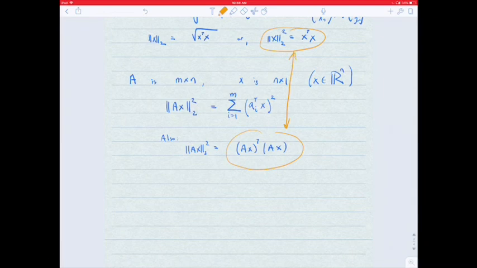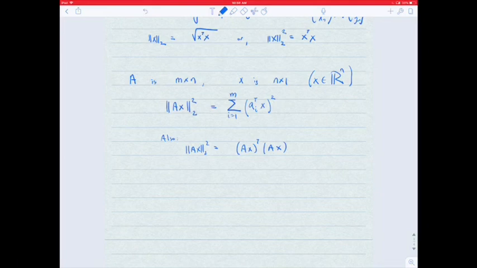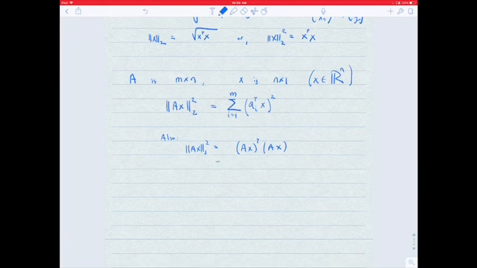I'm going to delete these lines so the page doesn't get too cluttered. Now what is (Ax) transpose? Let's remember that when we take a transpose, it reverses the order. So this is equal to x transpose A transpose times Ax, which is equal to x transpose A transpose Ax.